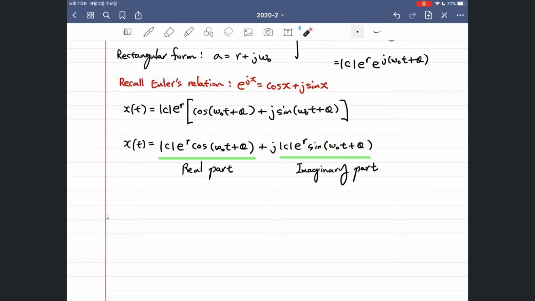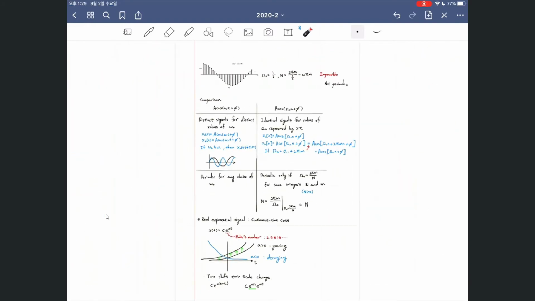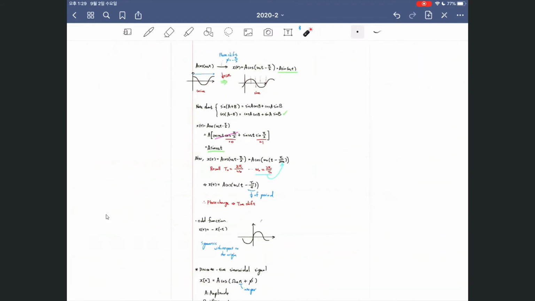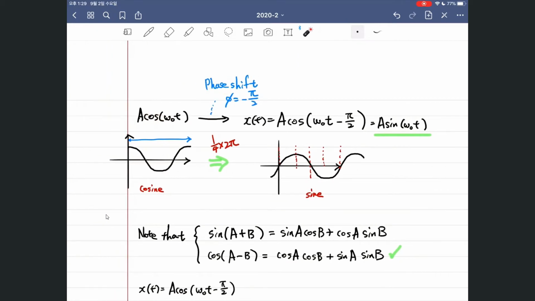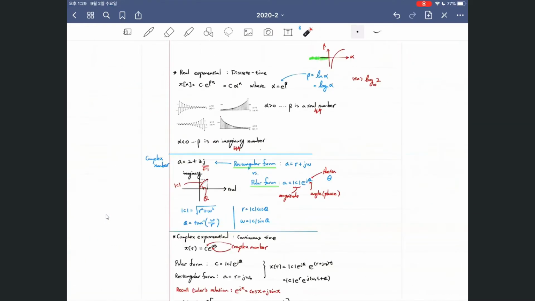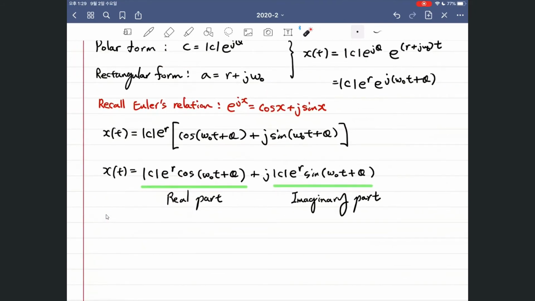And they have a 90 degrees phase shift. As we already studied about the phase shift, the phase shift between cosine and sine is 90 degrees. In radians, it's pi divided by 2. And therefore, these two have a 90 degrees phase change, I would say.